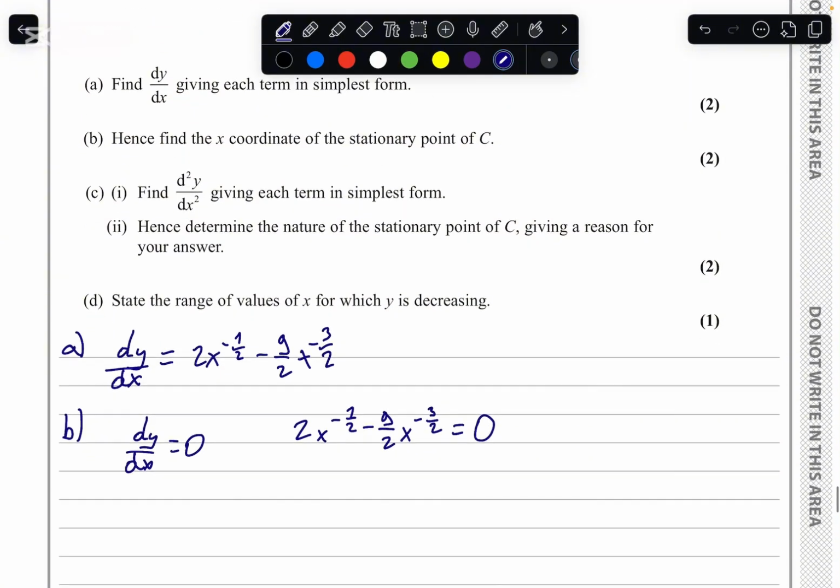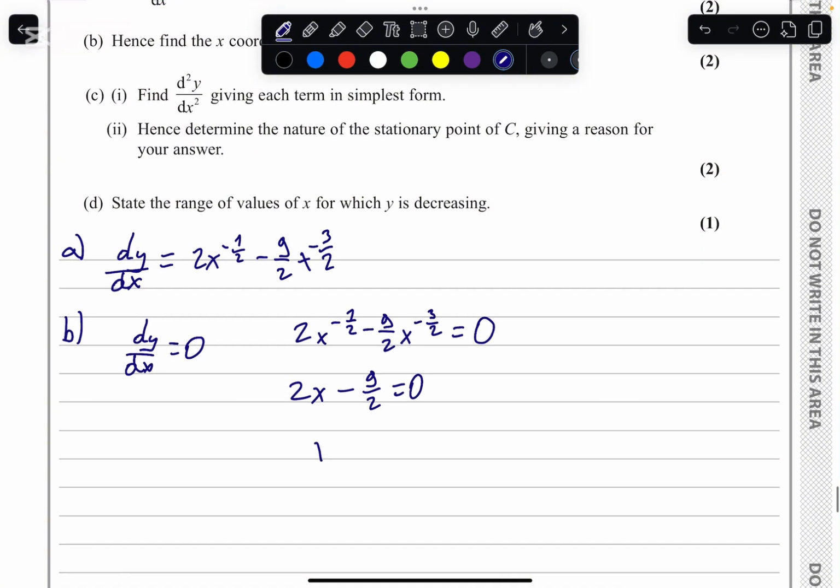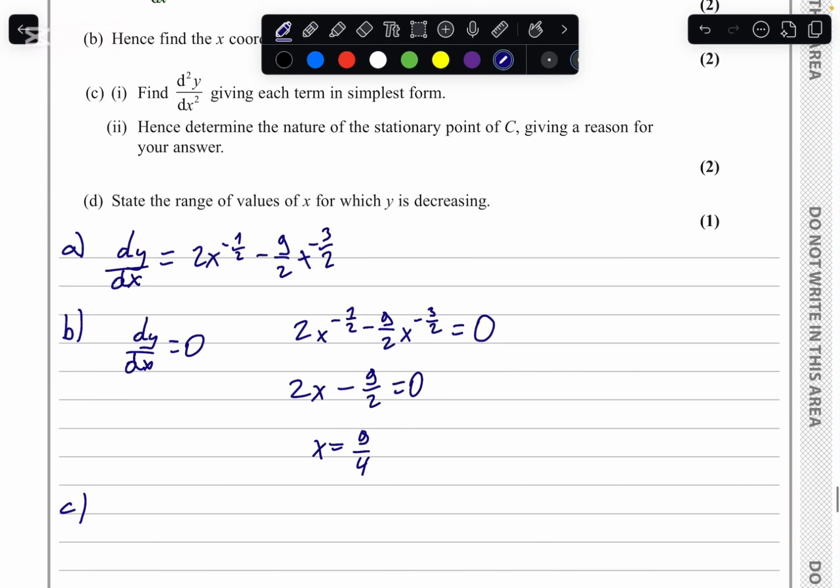So if we multiply all this by x to the power of 3 over 2, we get 2x minus 9 over 2 equals 0, which is x equals 9 over 4. Next, we need to find d squared y dx squared.